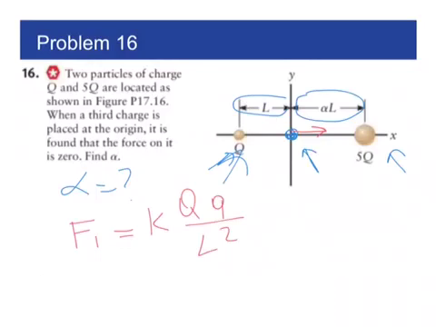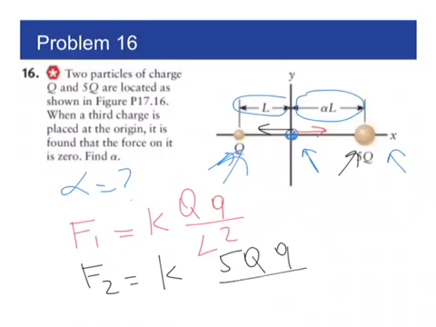Now for charge 5Q, the force acting on the test charge at the center is going to be directed to the left, so F2 equals k 5 capital Q little q over alpha squared L squared. What's important to know is that the sum of all forces is 0.